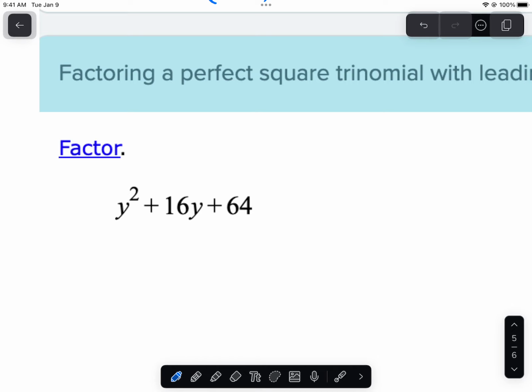If the back number is positive, we're always adding to the center. The back number here is a positive 64. So we're going to add the two things to get us the 16. What two factors make 64 when we multiply them, but add up to 16? What do you got? y plus 8.